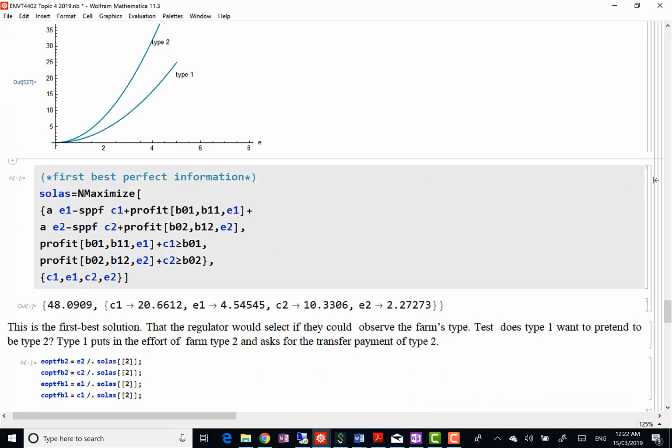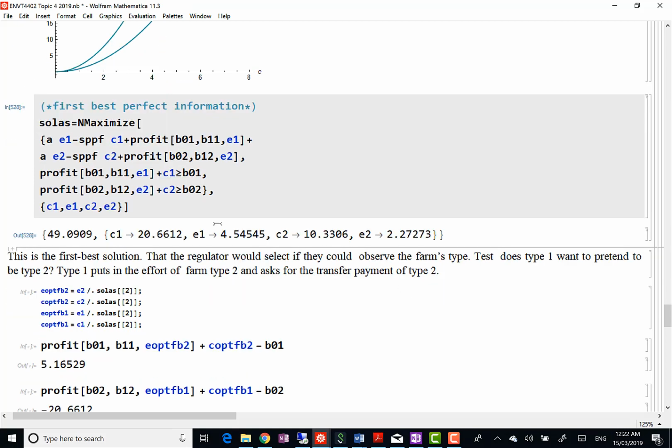We've already derived the first best solution, but we can actually derive the first best solution, or the perfect information solution, by just adding the two objective functions together for contracting with the two farmers. So that's what we have here.